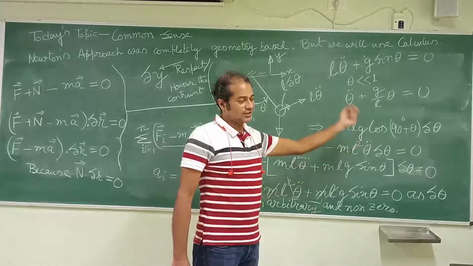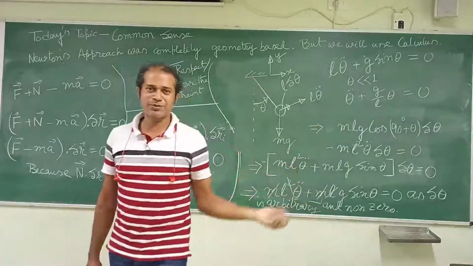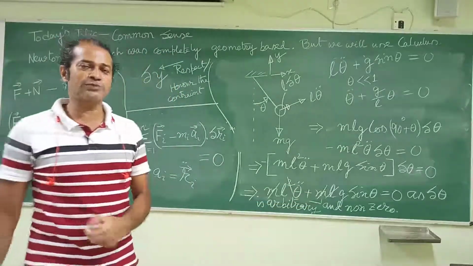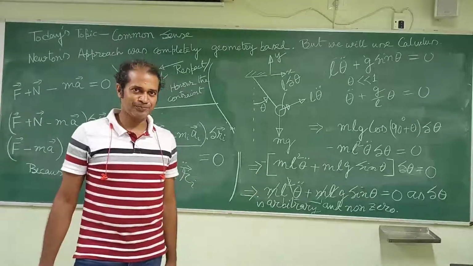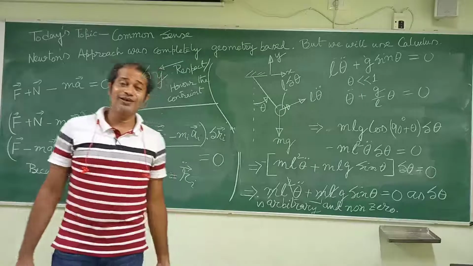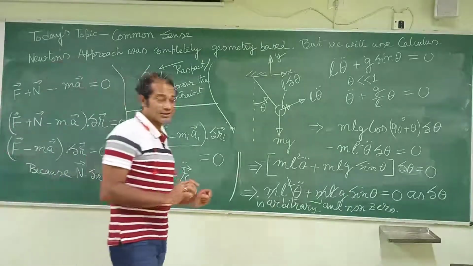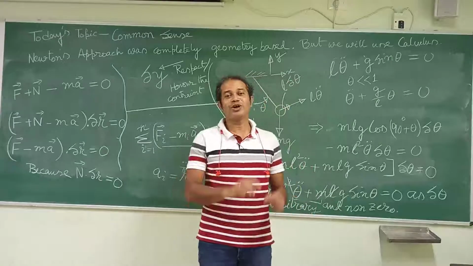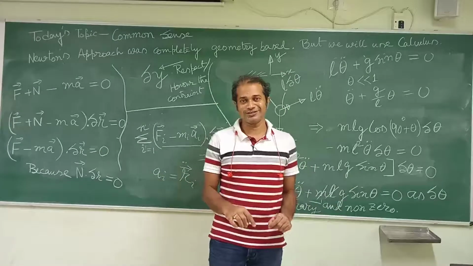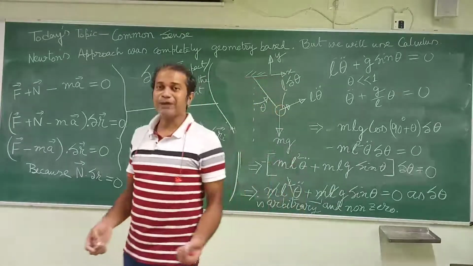Isochronous means that whatever initial displacement you give, its period of oscillation is not going to change. That is why the pendulum was used from ancient times to measure time.